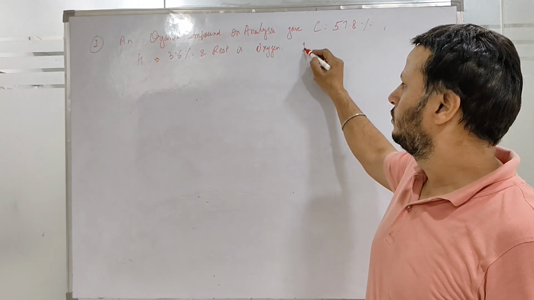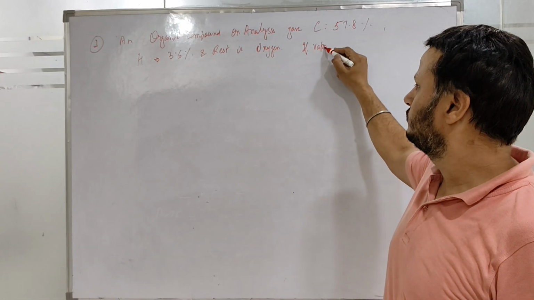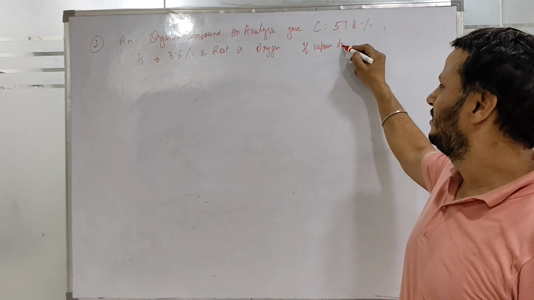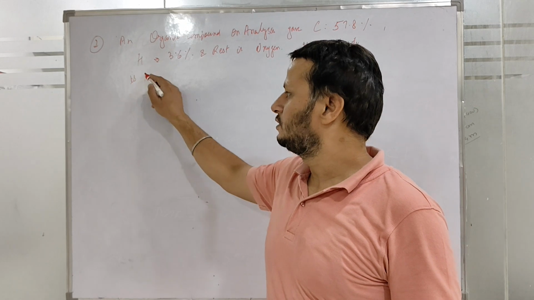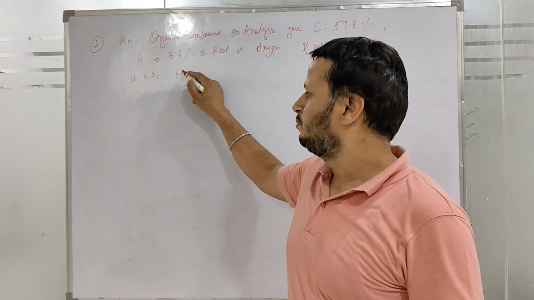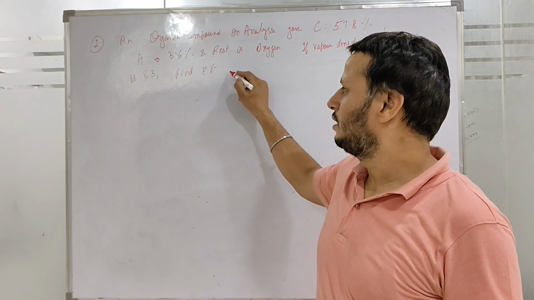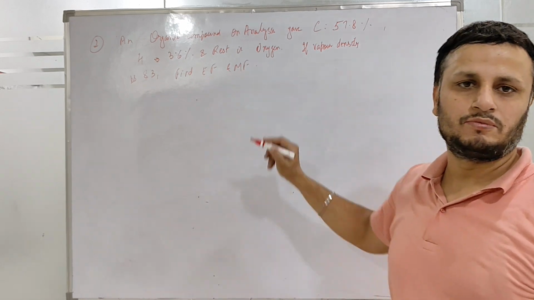And if the vapor density is 83, find the empirical formula and molecular formula.